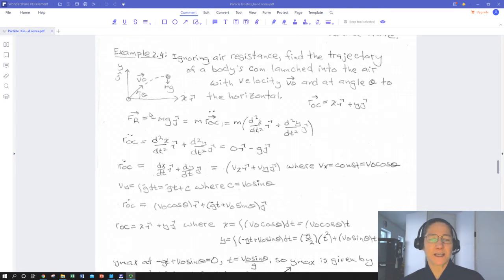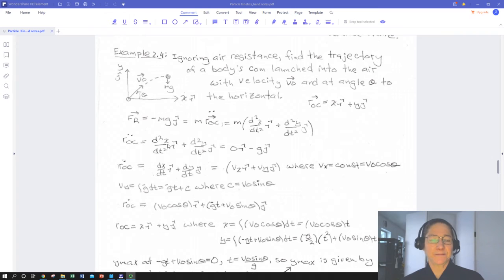Force resultant is negative mg in the j-hat direction in this coordinate system. It's subject only to gravity. So we can say that its mass times the second time derivative of its position at any time is equal to m times the second time derivative of its x position in the i-hat direction, plus the second time derivative of its y position in the j-hat direction.